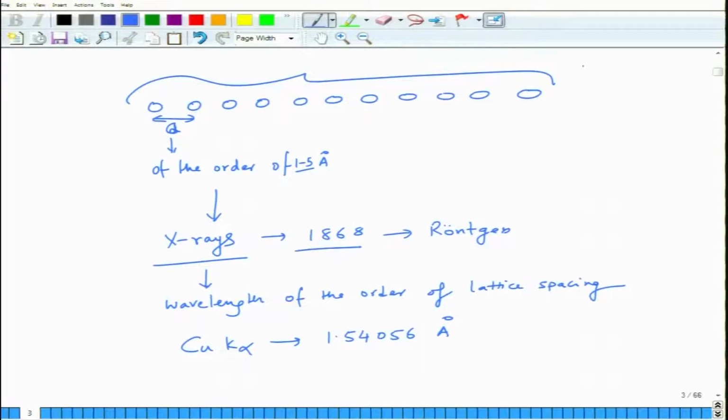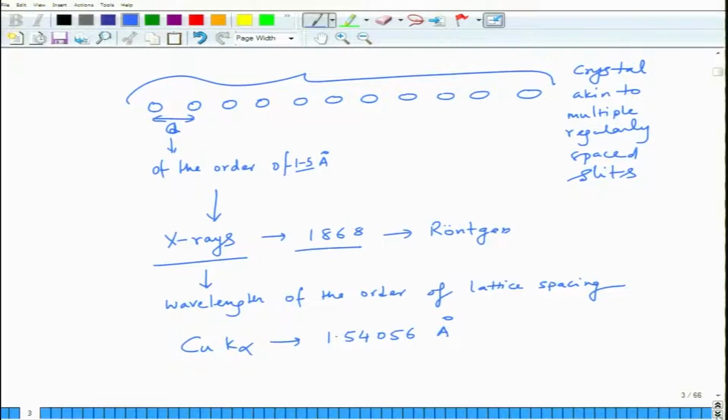So, you can consider a crystal akin to multiple regularly spaced slits. So, basically they should also behave like slits, it is just that we need to find a right wavelength which can fulfill the diffraction condition.